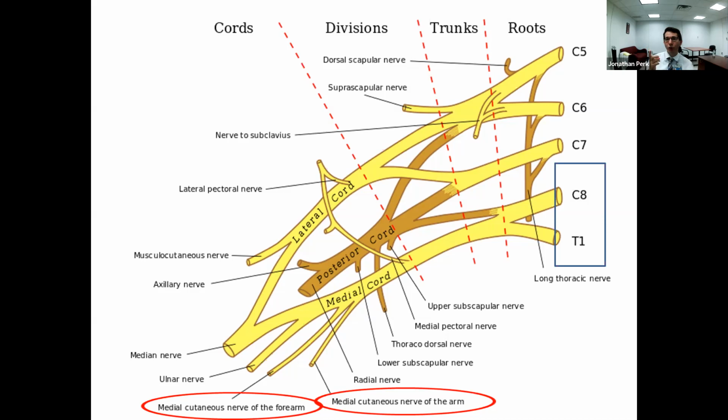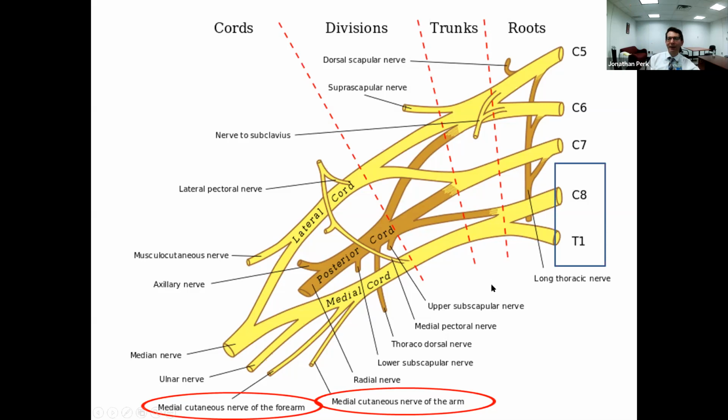But if you have true sensory loss here because of nerve dysfunction, then that's actually a very big red flag, because that could tell you that there's a problem in the medial cord, which is a continuation of the lower trunk. Okay? The lower trunk.